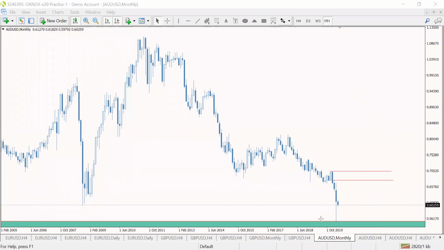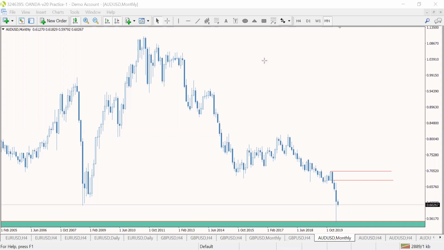As you can see that this market has responded on the monthly demand area. Now, it has responded very well, quickly, fast, it shows that there is liquidity here. Okay, now that it has responded here, that means we will be looking to buy this market.